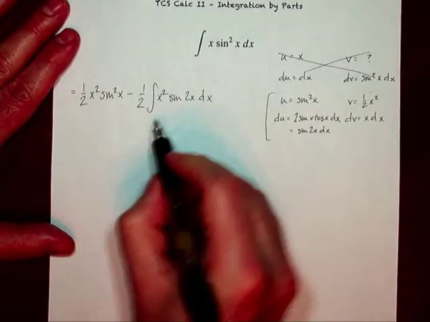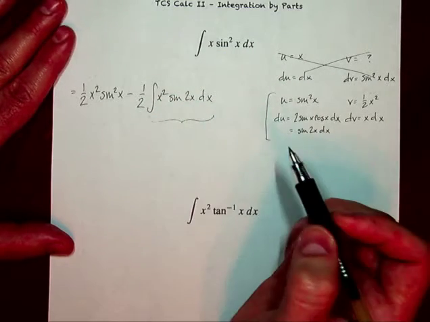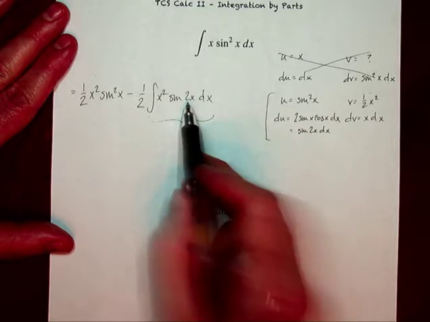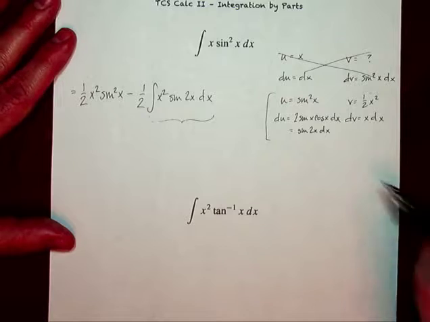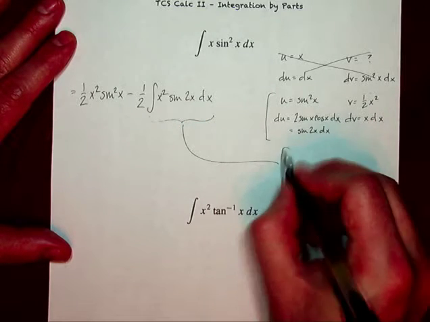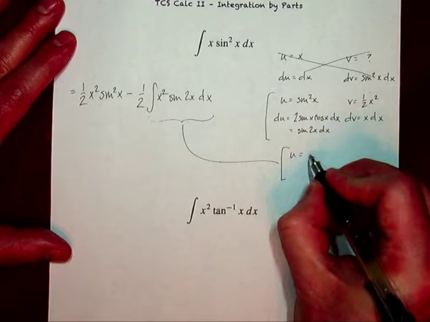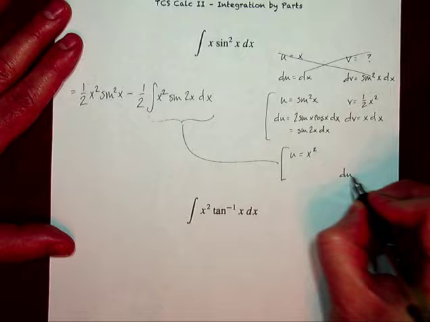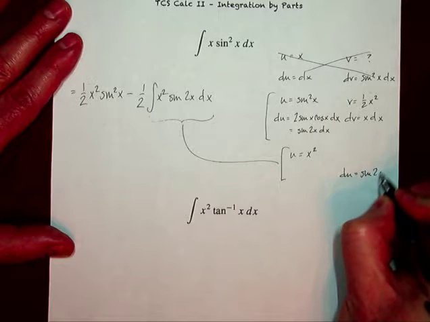And the only thing which makes this different from the previous problem is you just have an angle measurement expression that's different. It's 2x instead of x. So as you designate again over here, u becomes x squared, and dv becomes sine 2x dx.